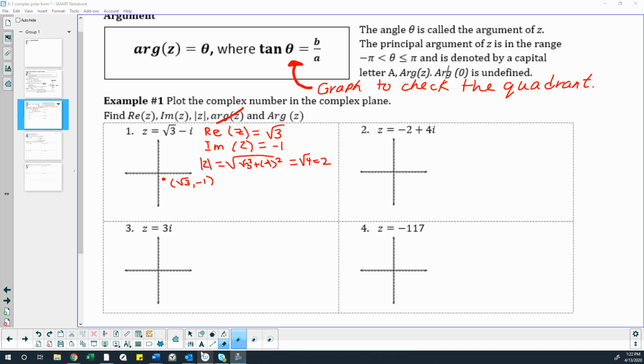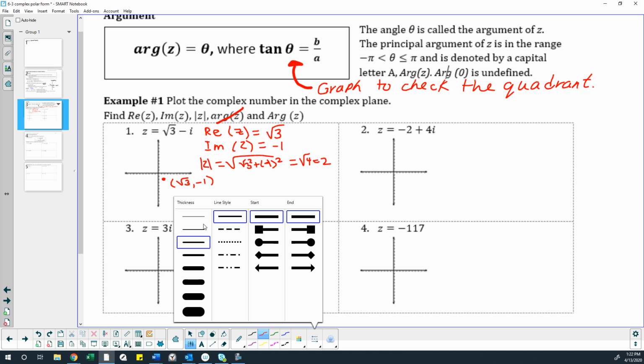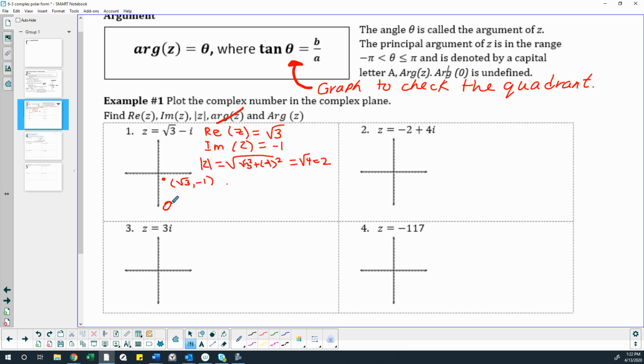Then we need to find the argument, which is the angle. So to do that, we do the inverse tangent of b over a. Don't forget it's y over x. So theta is going to be the inverse tangent of -1 over square root of 3.